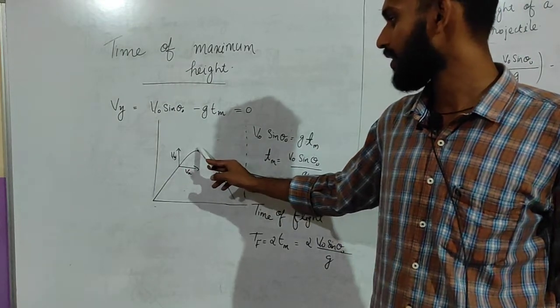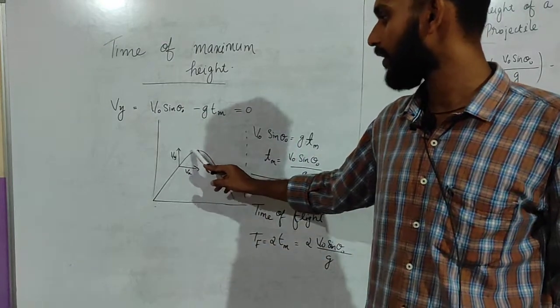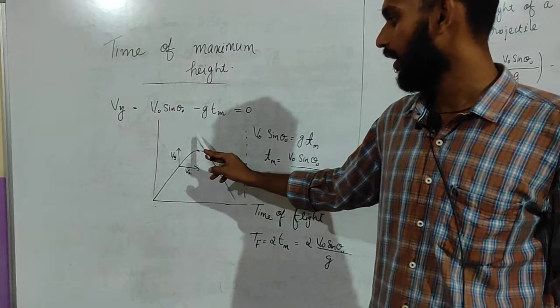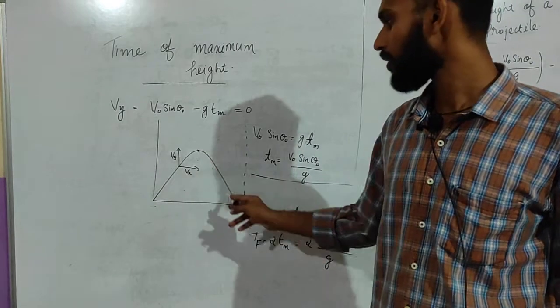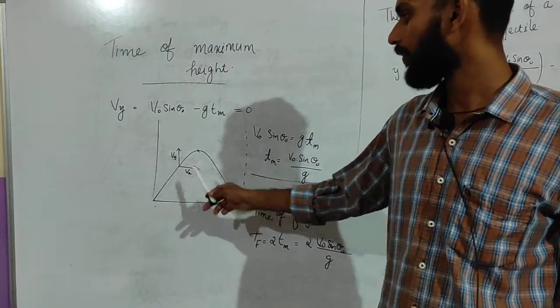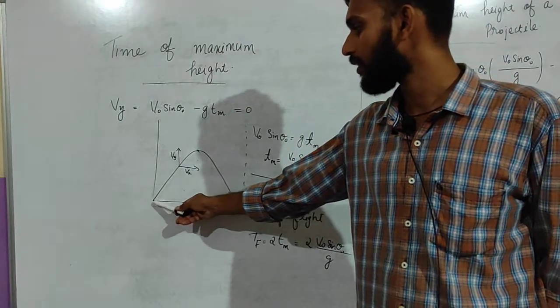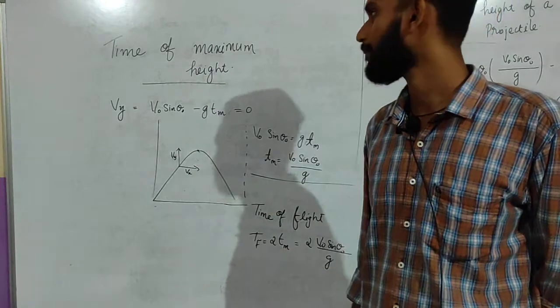Afterwards the direction changes and it will go down. Till that point it was moving upwards, and after the maximum height it moves down. So we have to find the time required for the projectile to go from the initial point to the maximum height.